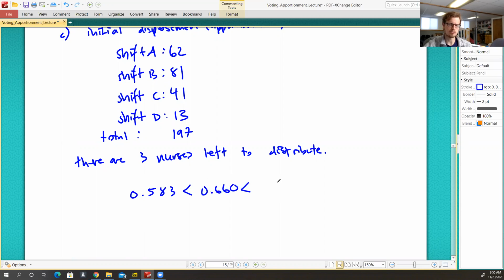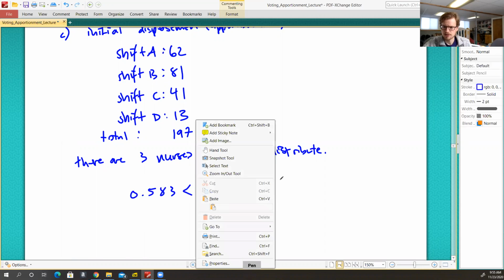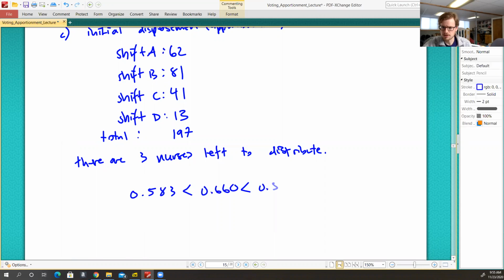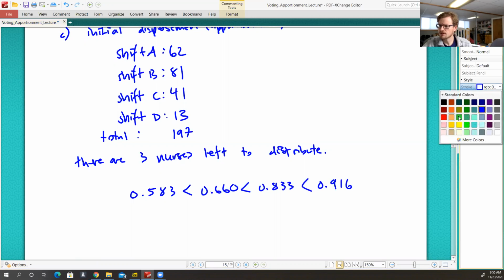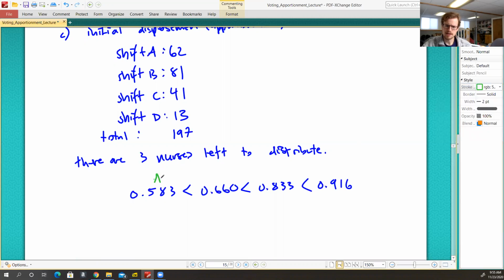And then shift D has the next largest at 0.833. And then shift C has the largest fractional portion at 0.916. So again, that's shift A, shift B, shift D, and shift C.